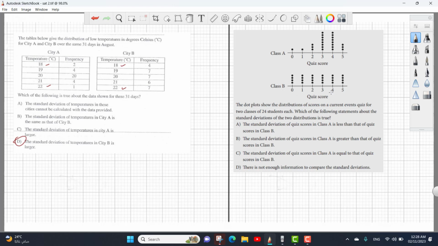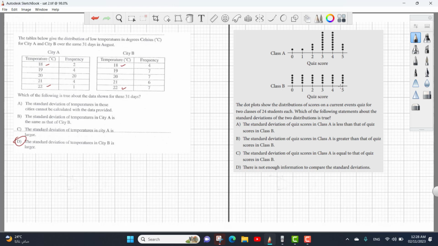Here it is also asking you to compare the standard deviation of class A and class B. This is another exercise from SAT. Standard deviation of A is less than standard deviation of B. Standard deviation of A is greater. They are both equal. There's not enough information to compare standard deviation. Actually, both start from 0 till 5. You can say in A you have more values, so its standard deviation is bigger.